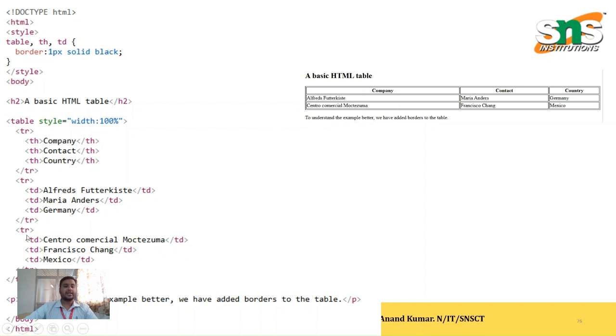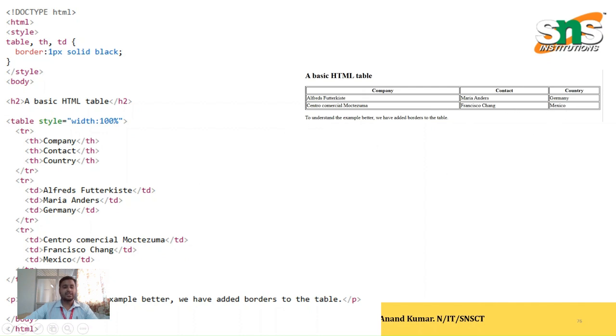The next tr, that is the third row, has table data Centro Commercial Moctezuma, displayed in row 3, and the next contact Francisco Chang and Mexico will be displayed here.